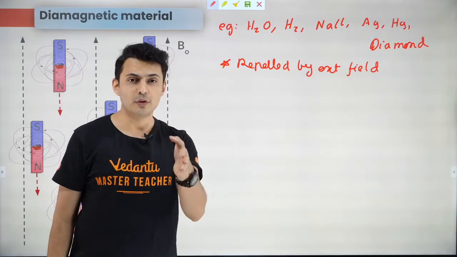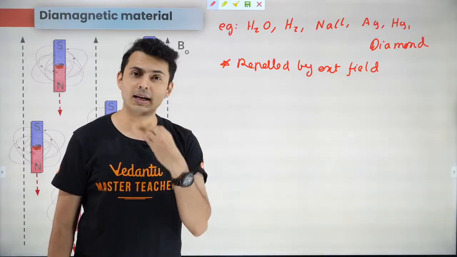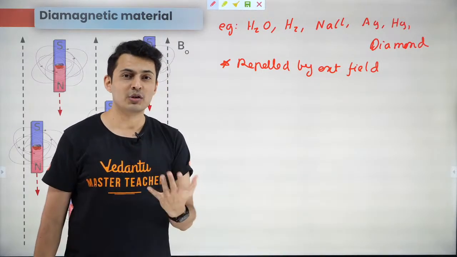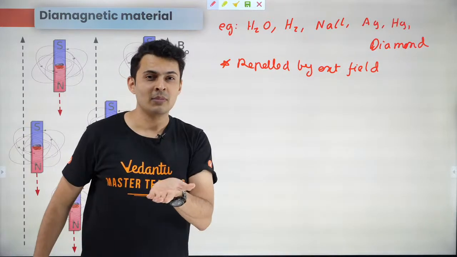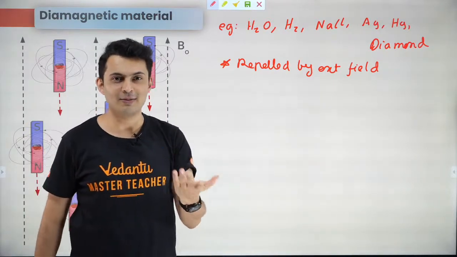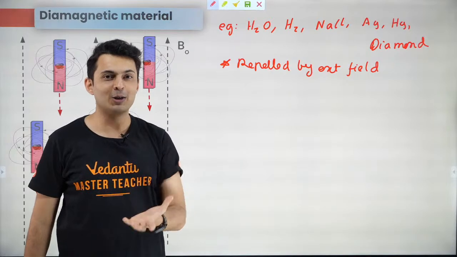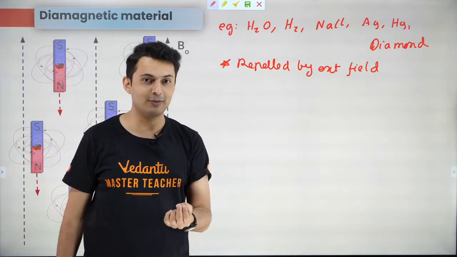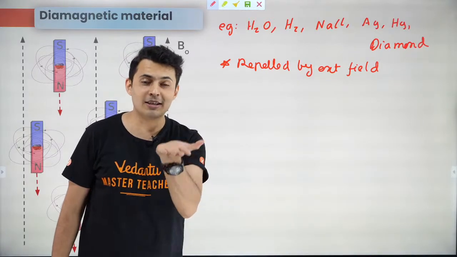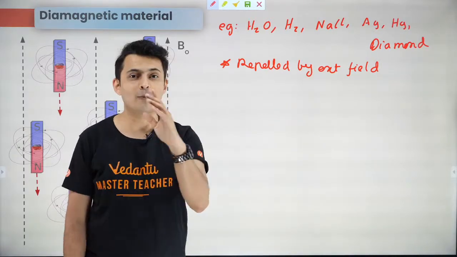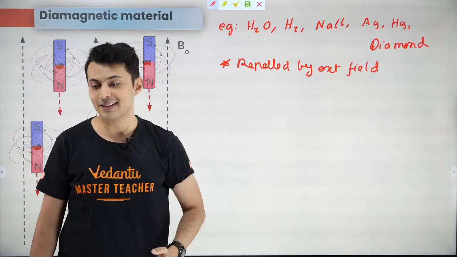And guess what? Frogs, humans, etc. are diamagnetic in nature. So we will be repelled by that field, so we will start floating. Now the human body has a lot of mass and weight, so it's very difficult to make yourself float using an external field, but small animals like frogs or insects can easily float using this principle of magnetic levitation. Very interesting it is.